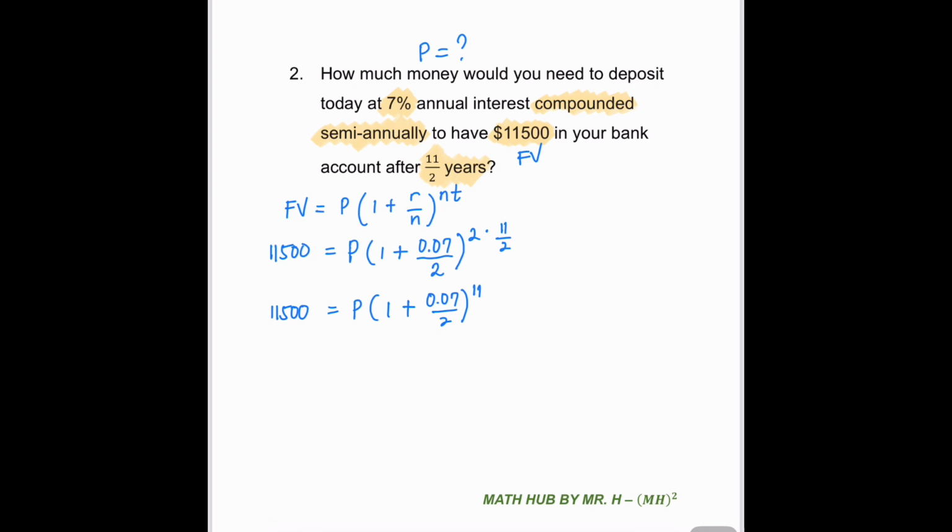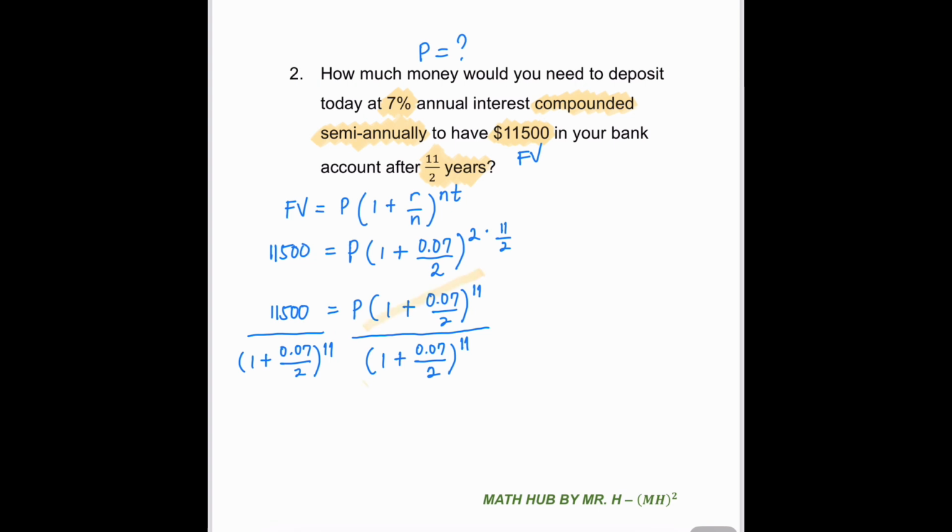All right, so at this stage, it's so clear that we can divide both sides by this factor to find P. So we can divide both sides by 1 plus 0.07 divided by 2 to the power of 11. We also do that on the left-hand side.